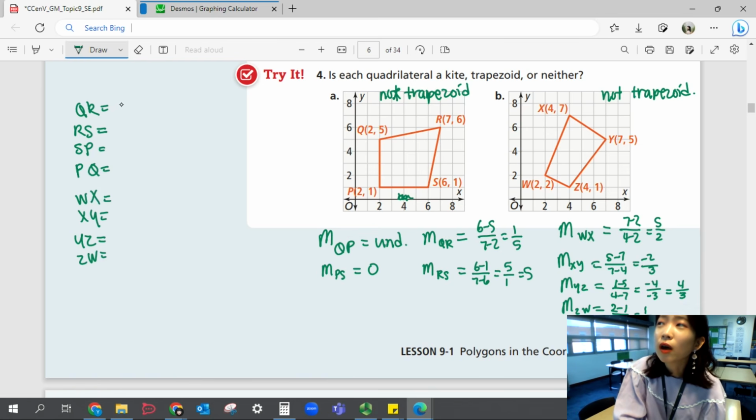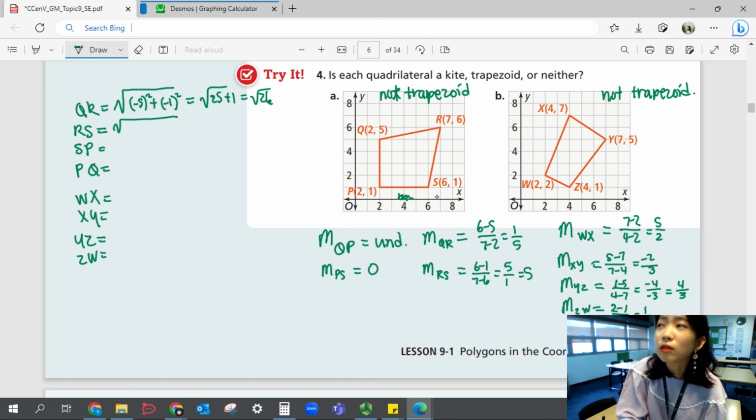And so QR, square root of 2 minus 7, which is negative 5 squared, plus 5 minus 6, which is negative 1 squared, which is equal to 25 plus 1, square root of 26. RS is going to be 7 minus 6.